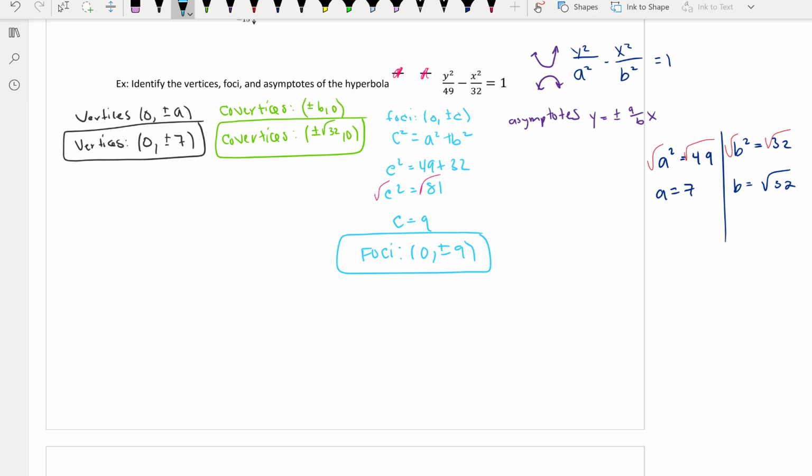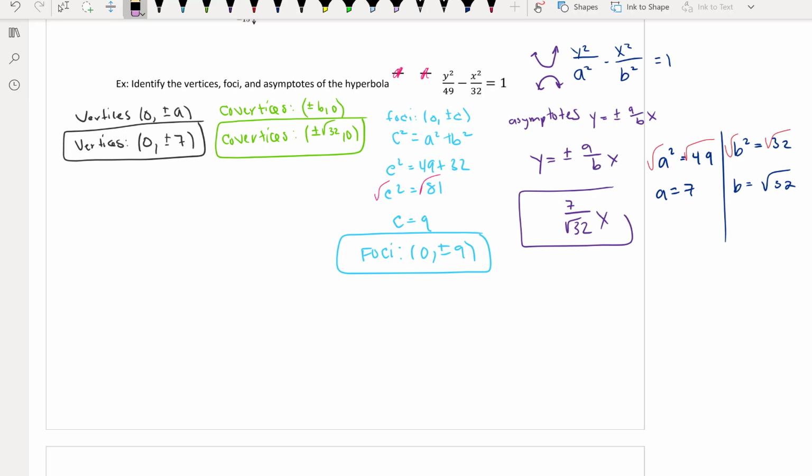Okay. And now the asymptotes over here, remember my asymptotes is y is equal to plus or minus a over b x. So then y is equal to my a value, which is 7, over my b value, which is the square root of 32, and I have my x. Oh, and don't forget the plus or minus. So I'm going to go ahead and rewrite that because I did forget the plus and minus.